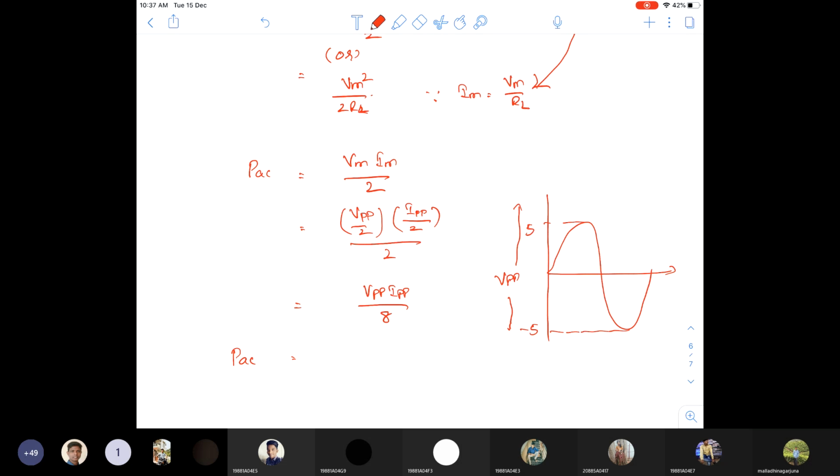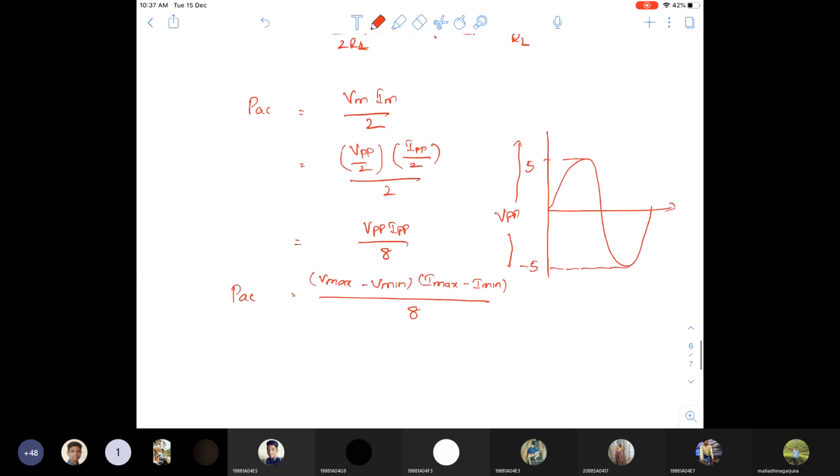VPP is V max minus V minimum. Exactly. So VPP is nothing but V max minus V minimum, and IPP is I max minus I minimum, divided by 8. Is it clear? Any doubts in this? Yes, sir.